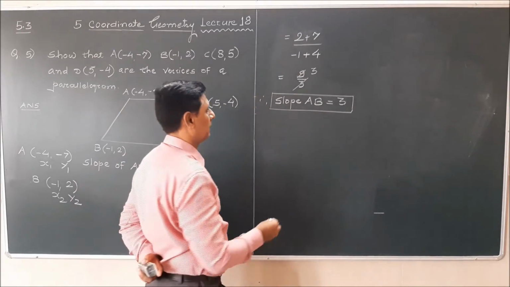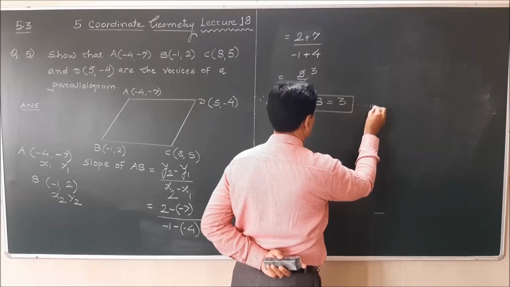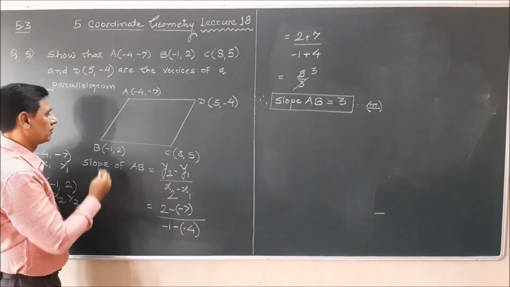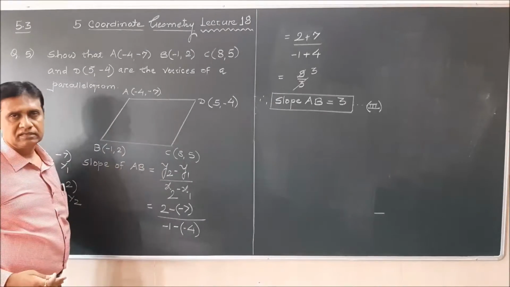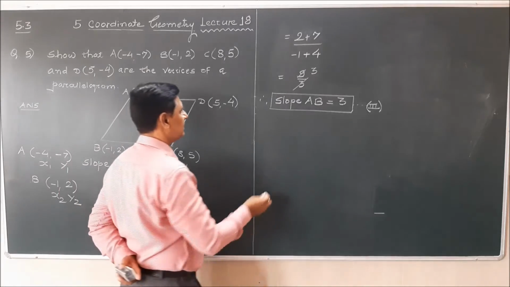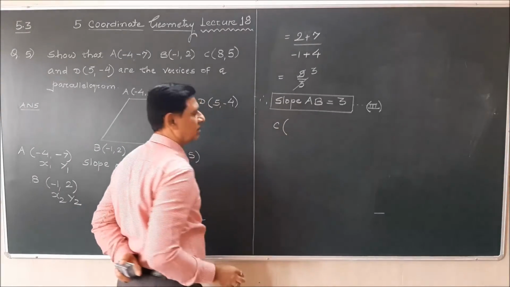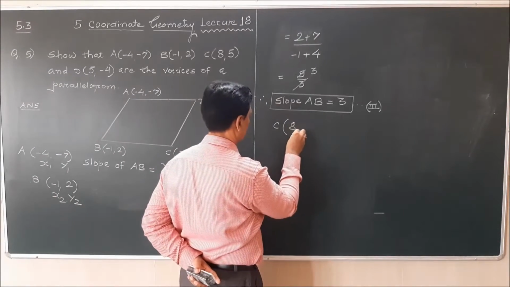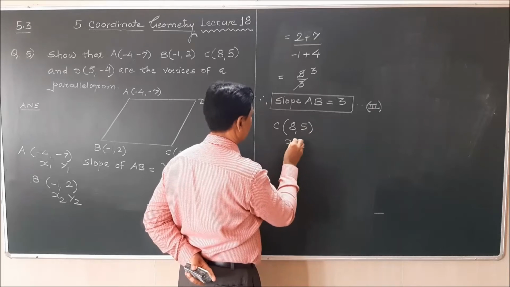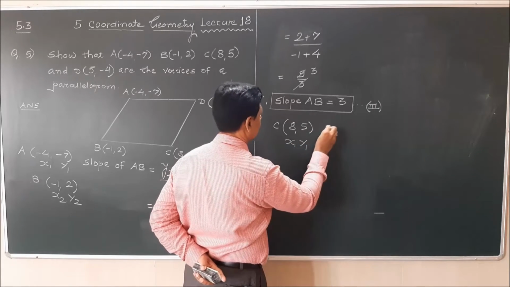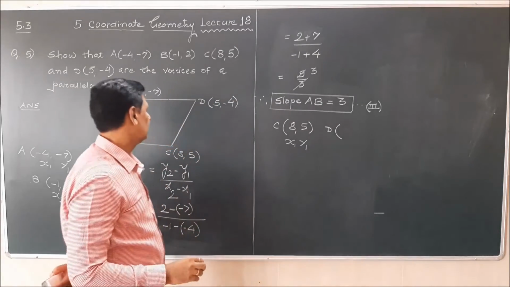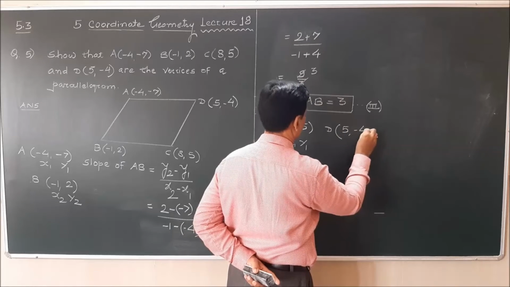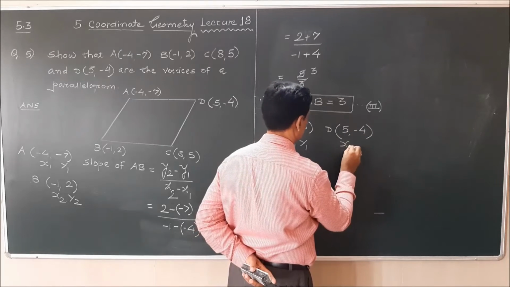In the same manner, the side opposite to AB is DC. So for the coordinates of CD, I label the coordinates of C, 8, 5 as x1, y1, and the coordinates of D, 5, minus 4 as x2, y2.